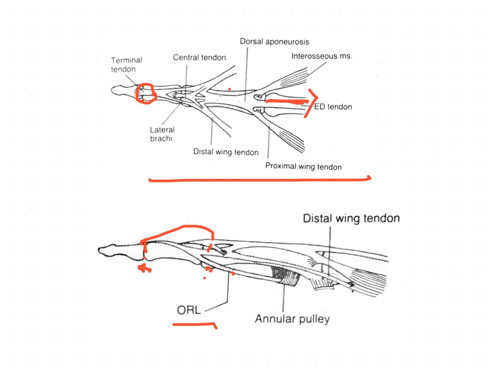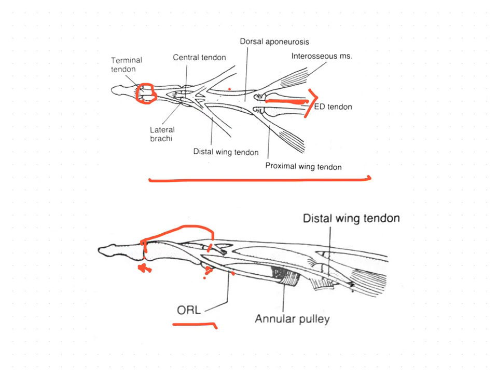Why? Because at this PIP it has some structures, that is extensor mechanism structures, crossing over here. When these forces are relaxed, then only you will get both the DIP and PIP flexion.